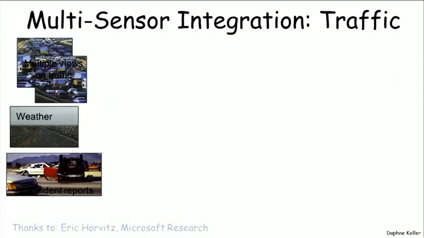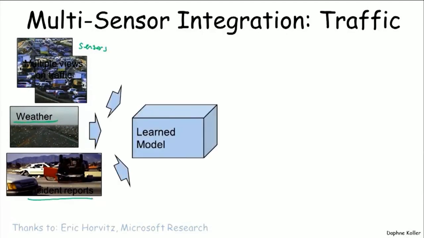A very different example altogether is one that integrates data from multiple sensors. This occurs in many applications. One such is for integrating data related to traffic from both sensors that we might have in the road or on the top of bridges, weather information, and incident reports that we might get in some form. We'd like to take all this together and use a model that, as it happens, was learned from data.